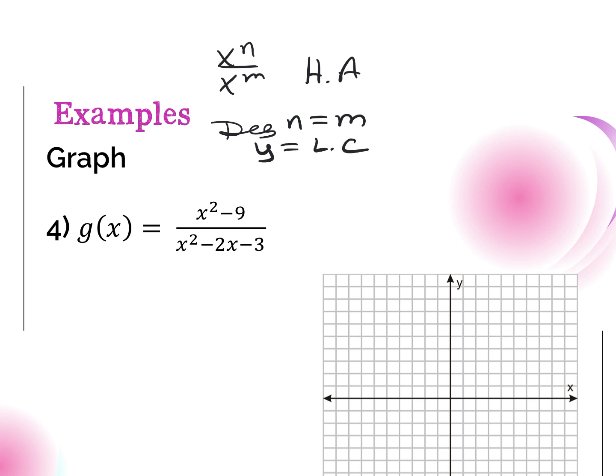When the degree is smaller on the top, that's when you need to memorize that the horizontal asymptote is y equals 0.